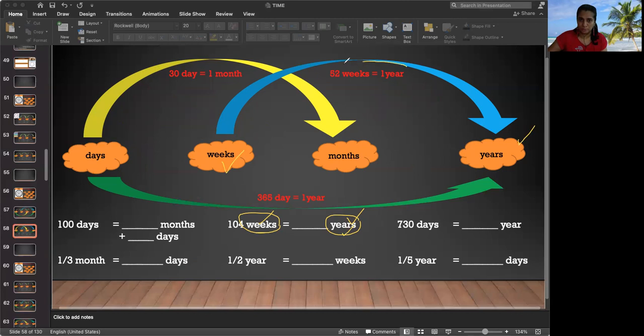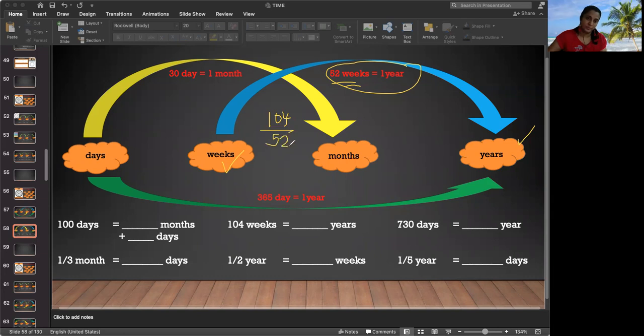And as I told you previously, in 1 year, there are 52 weeks. Now, 104 weeks is how many years? That's what the question is asking. If you have 104 weeks, how many years would that be? We can do a simple division. Take 104 and divide by 52.